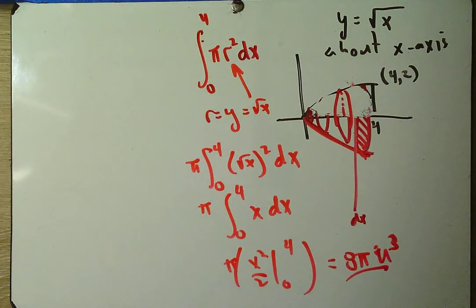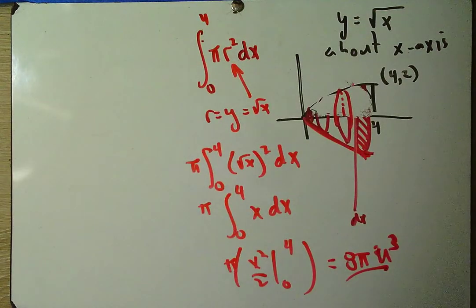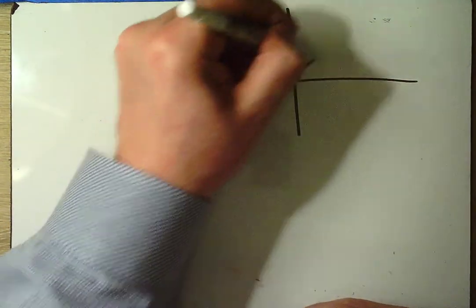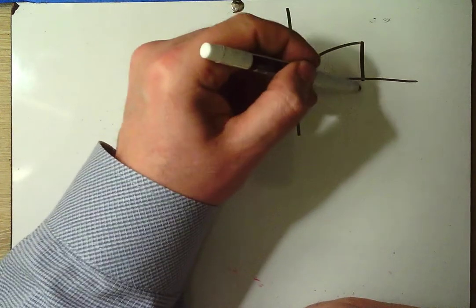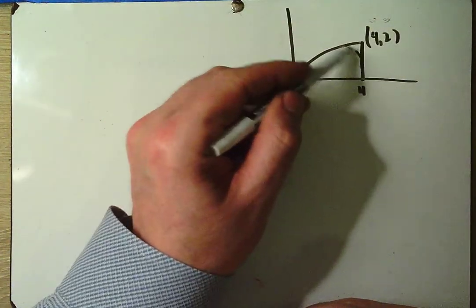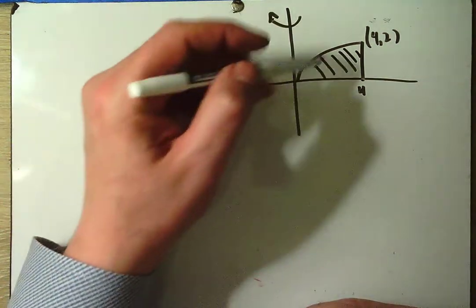All right, so we can rotate not just around the x-axis, though. What about rotating about a different line, like the y-axis? What happens when we take this same region, 4, 4, 2, and we take this region and we spin it around the y-axis?